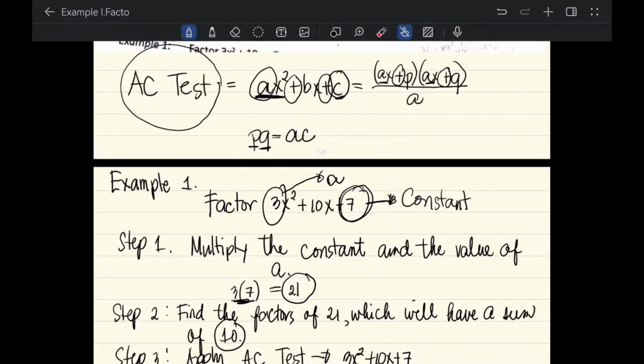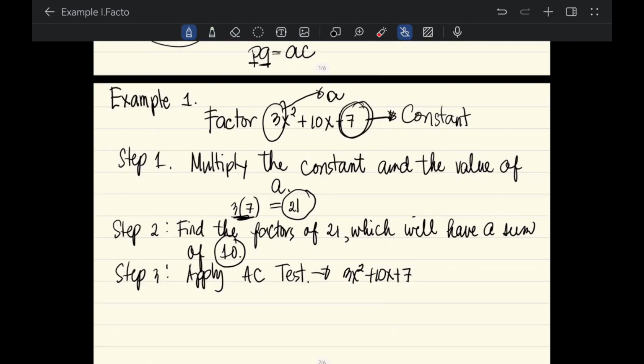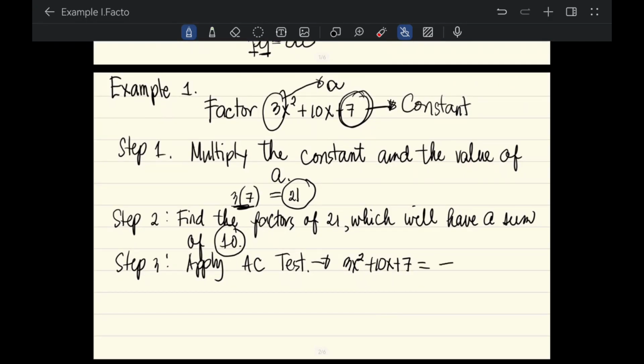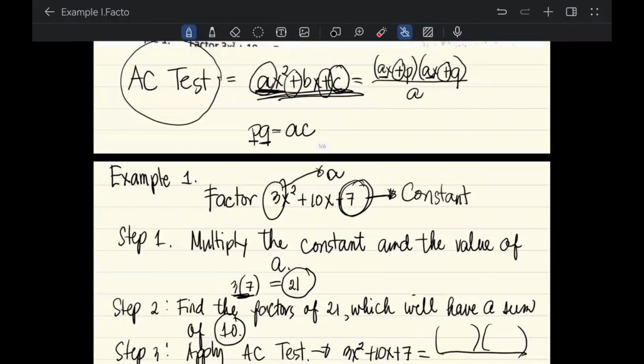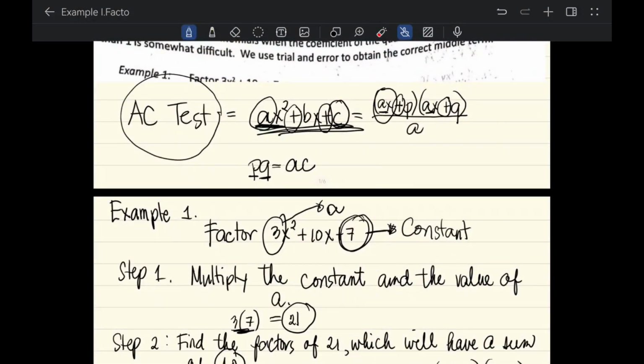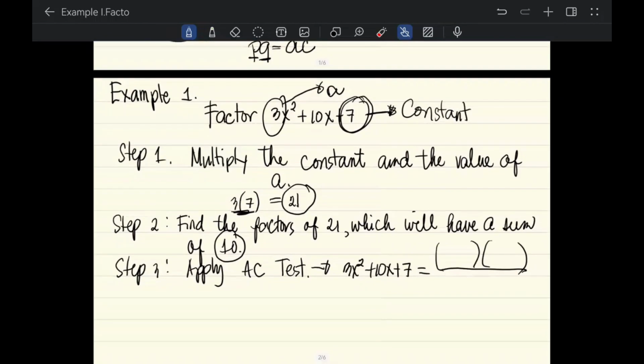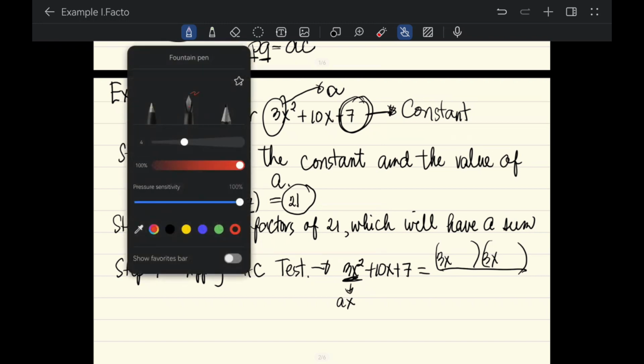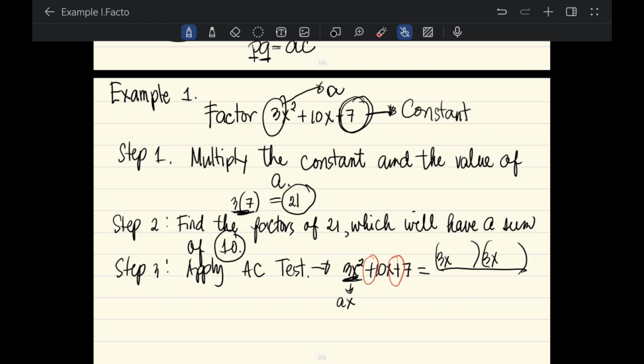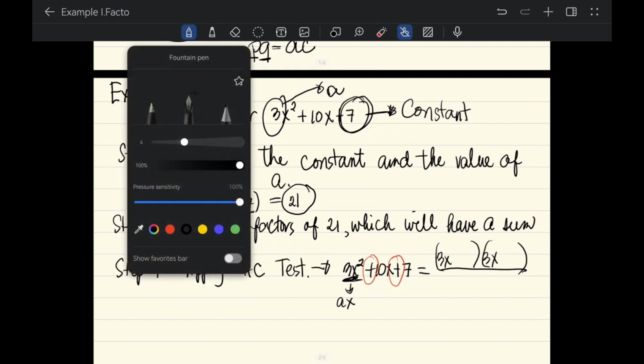Just like the AC test, you copy first the given and you write is equal to the factors ax. So, we are going to copy the values of ax. Here, this is our ax. So we write 3x and 3x. Since the signs are all positive, then the factors are also positive.